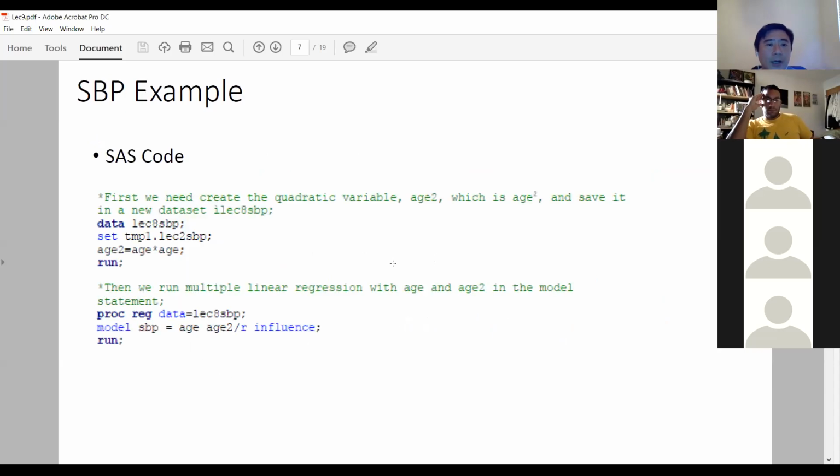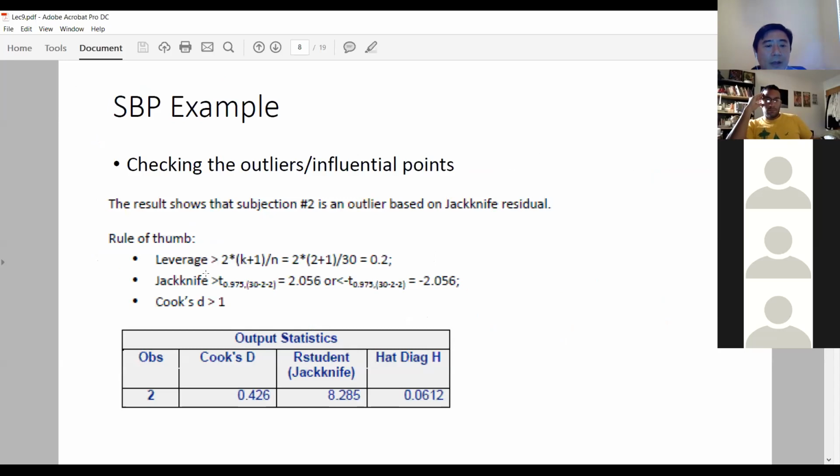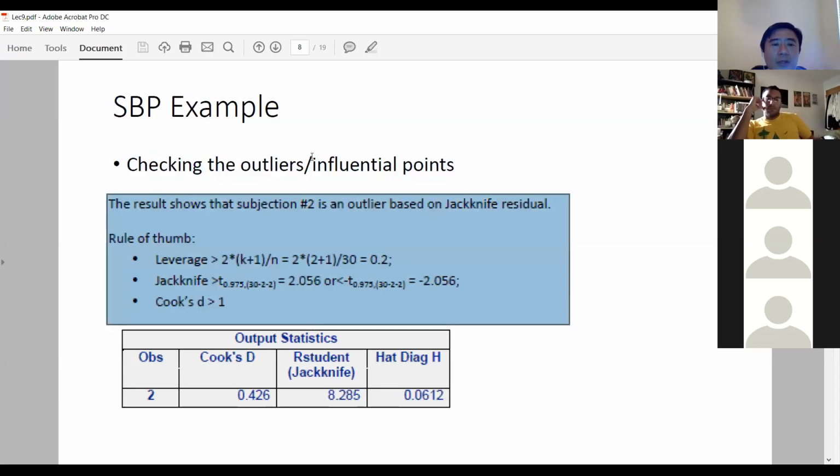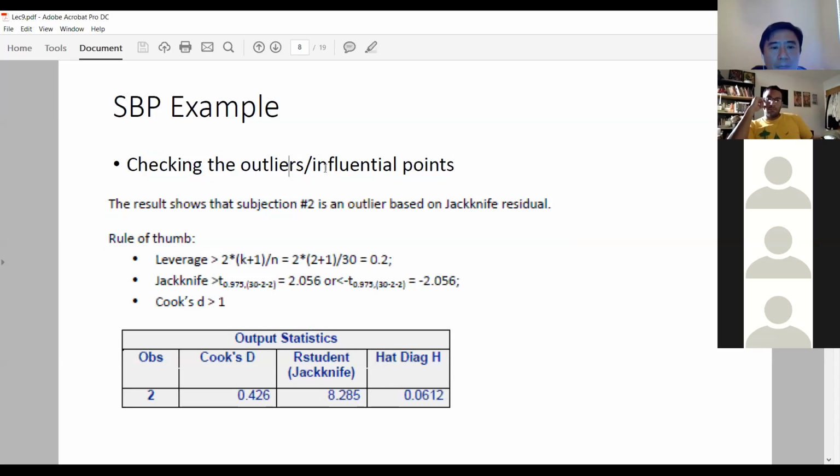Here, in this lecture, I want you to first check for outliers or influential points. This is very similar to what you see in model testing, which we call model diagnostics for the linear regression model, because you need to first pick out the influential points or outliers to be able to have a better model.